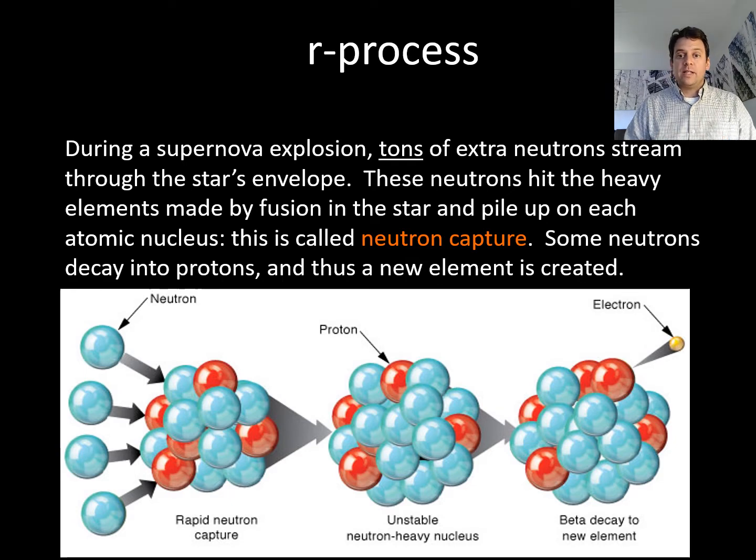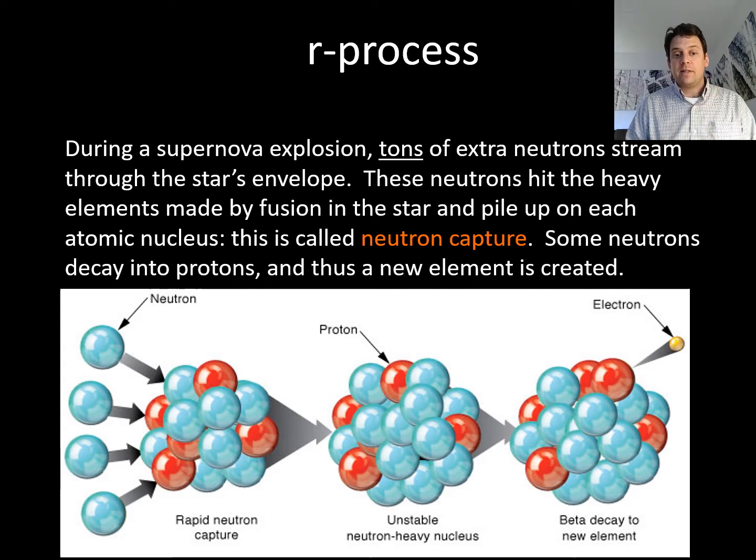And in particular, during the supernova, just a gargantuan number of extra neutrons are streaming through the star's envelope. So the core is extraordinarily small compared to the star's envelope, right? And so as it explodes, just gobs and gobs of neutrons are just slammed into all of the nuclei that make up the star.